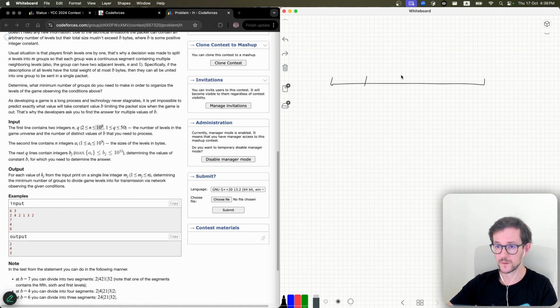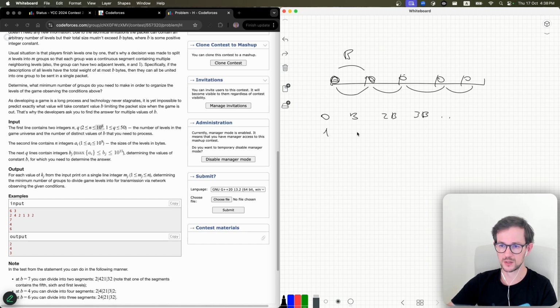So you look at all elements with remainder 0, with step b. You look at elements 0, b, 2b, 3b, and so on. Then you look at elements 1, b plus 1, 2b plus 1, and so on. So you look at all elements with remainder equal to 1. You look at this element, this element, this element, and they jump like this. Then you look at this element and jump, and so on.